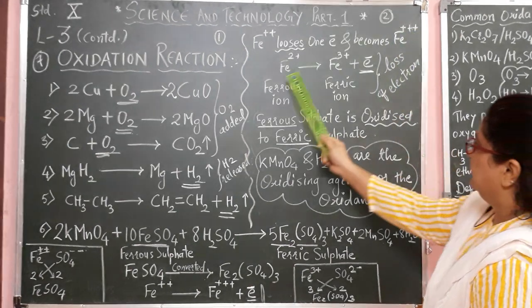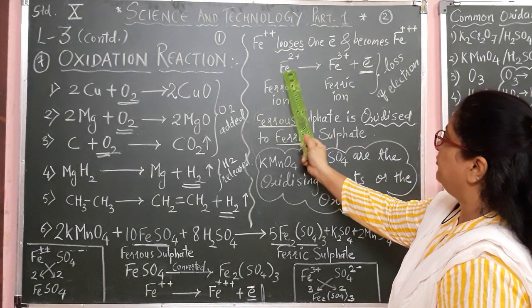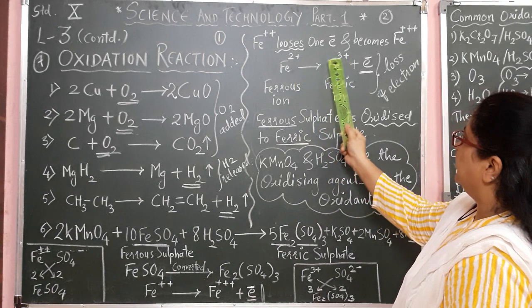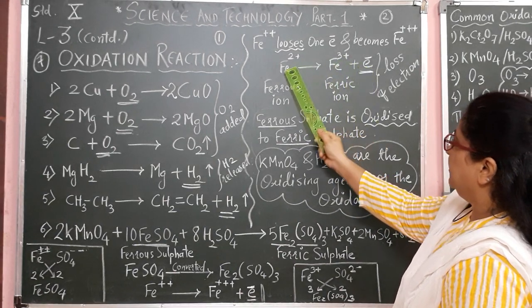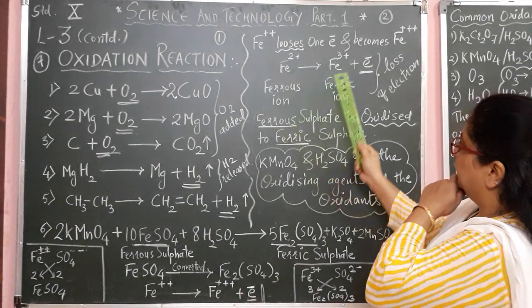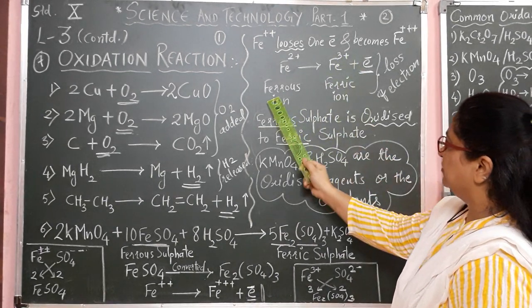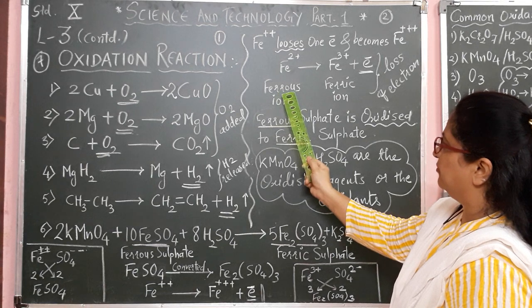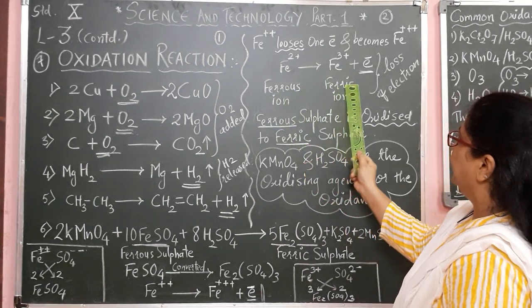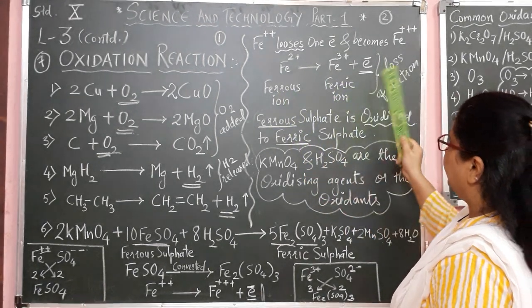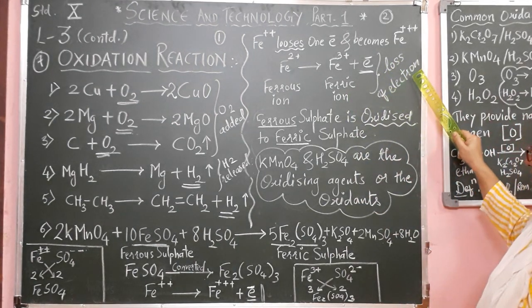So we can represent it as Fe2+ gives Fe3+ plus electron. When one electron is lost, then one positive charge is increased. So from ferrous ion we get ferric ion, and here there is loss of electron.